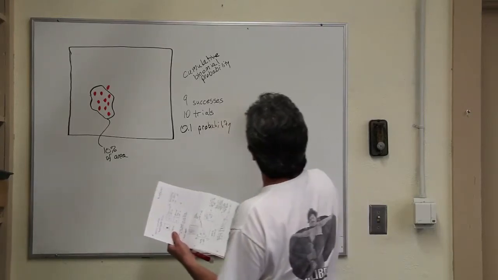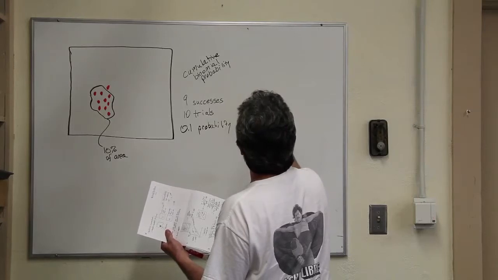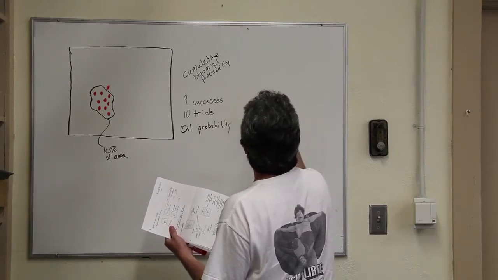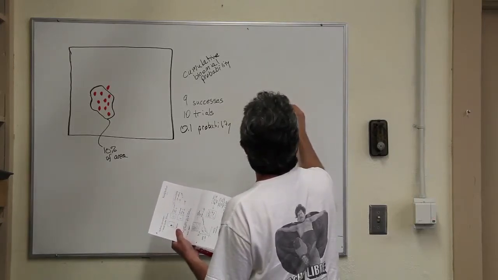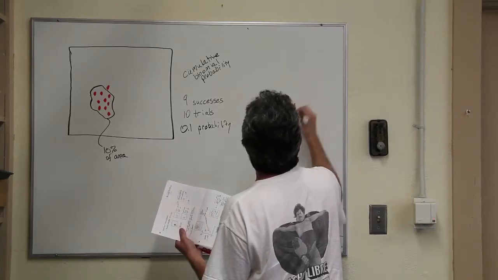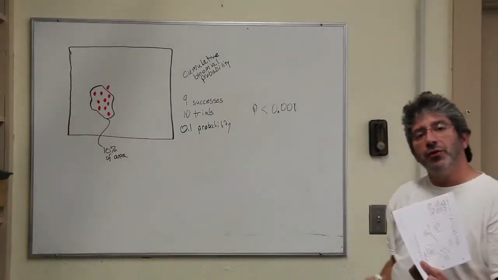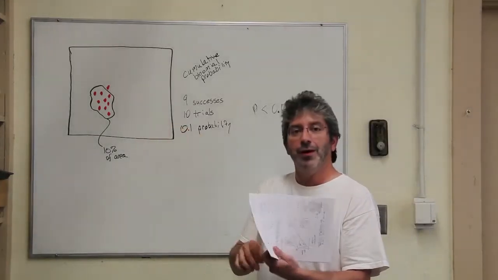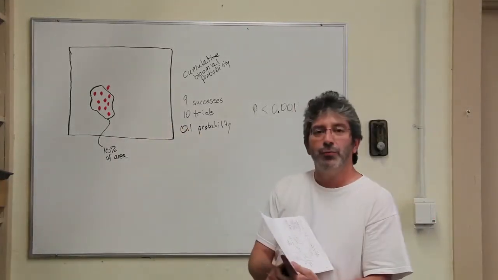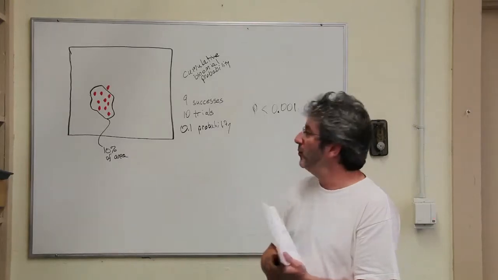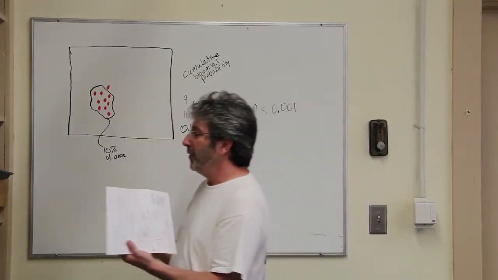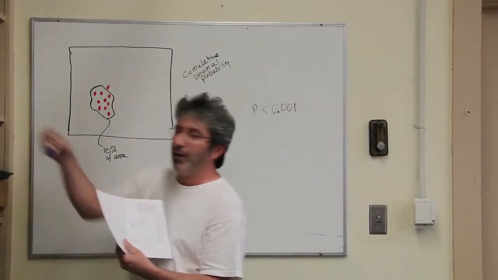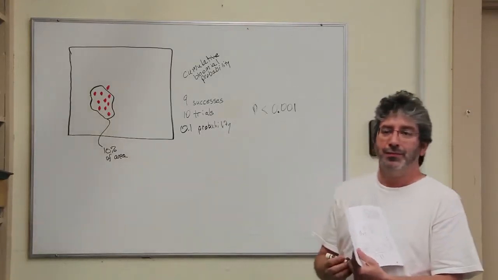And I did this calculation, and the probability is quite low. In fact, it's less than 1 in 1,000. So essentially what we're saying is that this particular model seems to have good predictive ability when it comes to anticipating the distribution of our independent testing data.